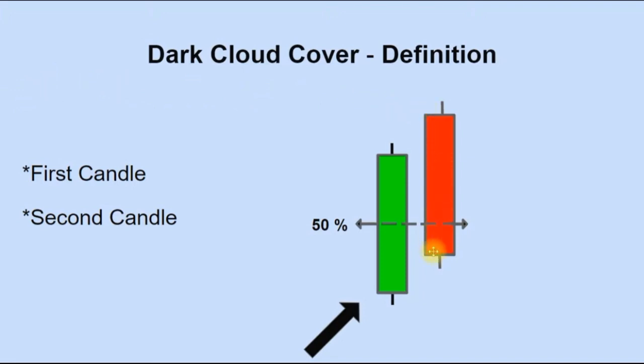The 50% line marks the midway between the open and the close of the green candle, and the red candle must close below this point.